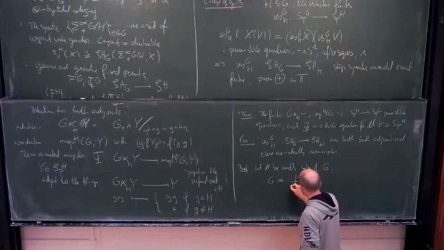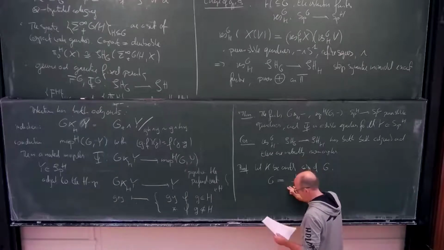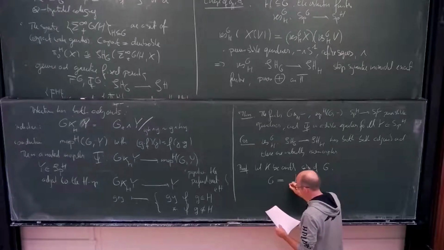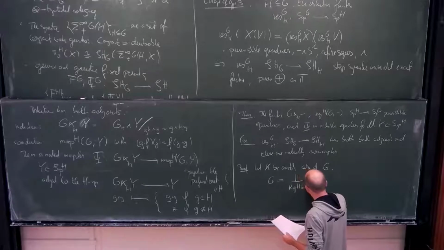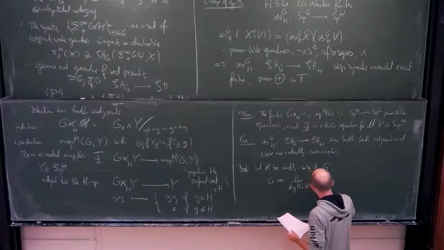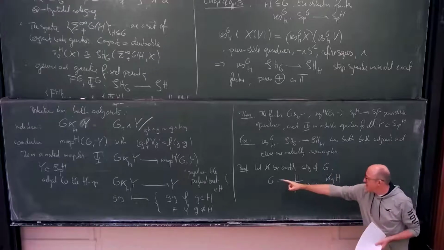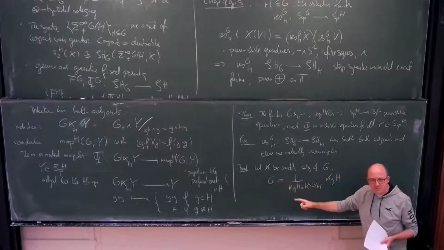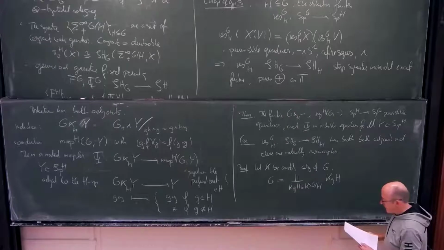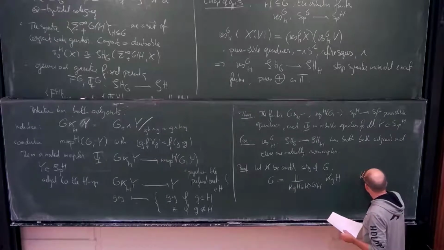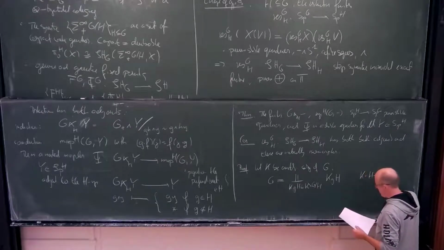So this is the disjoint union over all KgH in the set of double cosets K\G/H of KgH. So I'm just decomposing this thing into orbits under the action of K cross H. So these are K-H bisets.